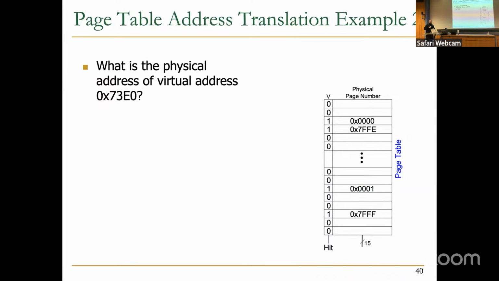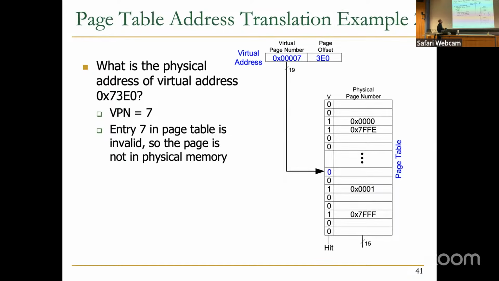Let's see though a more complicated example now. We find out for this address that its virtual page number is 7, right? And we go to the index 7, 0, 1, 2, 3, 4, 5, 6, 7, and we find that the validity bit is 0. So what does the validity bit mean in this case? The mapping is not available.